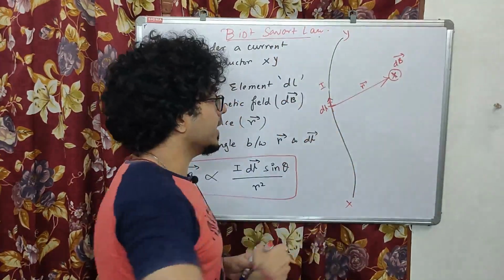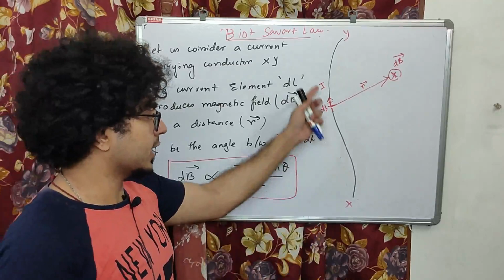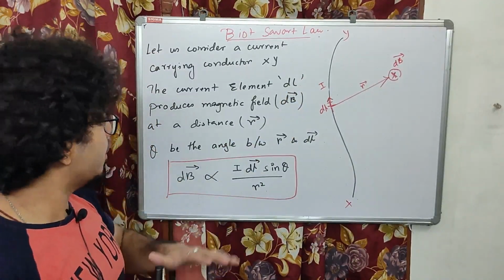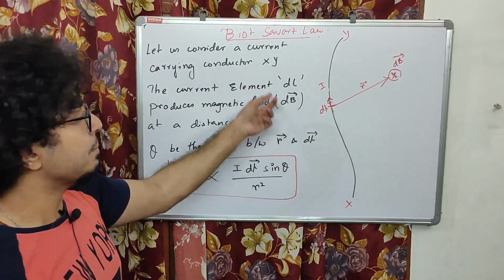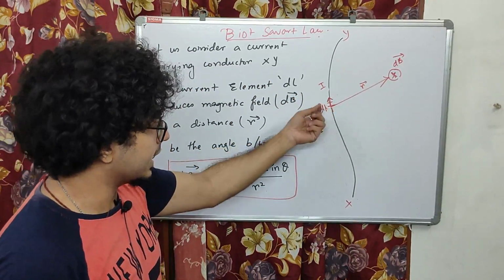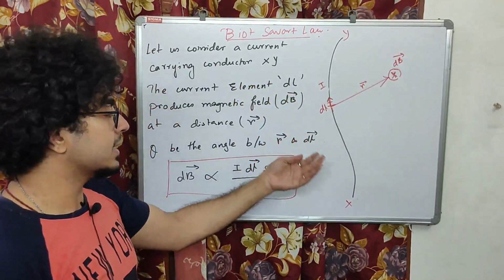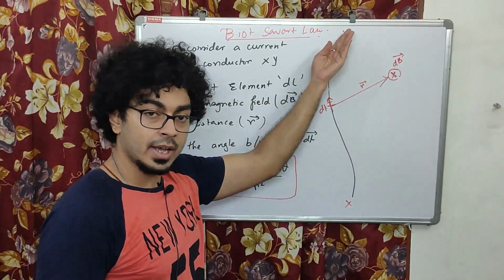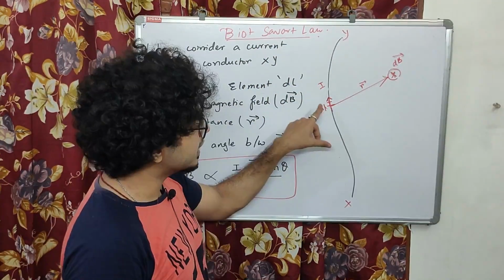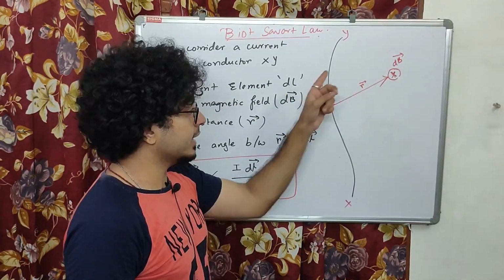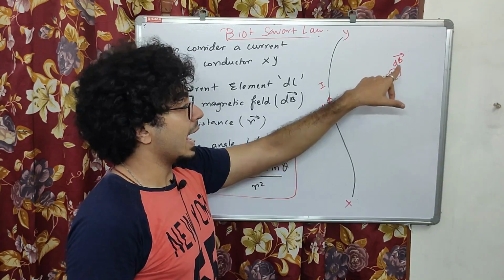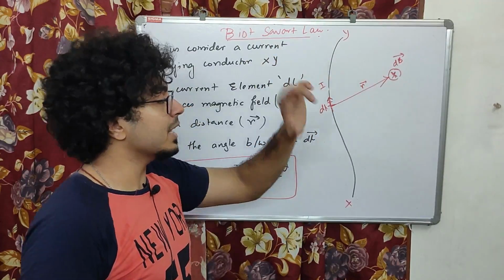So current I is passing through this wire or conductor. Now the Biot-Savart law tells us about the magnetic field due to the current element flowing in this part, that is dl. If we consider this dl part, the current flowing through it will produce a magnetic field at a distance r, whatever distance you take, and in this direction is the magnetic field.